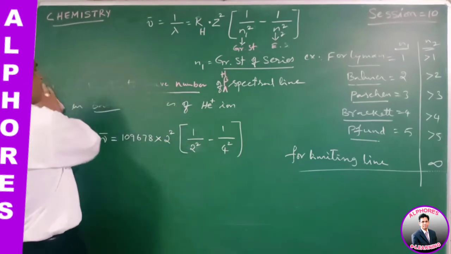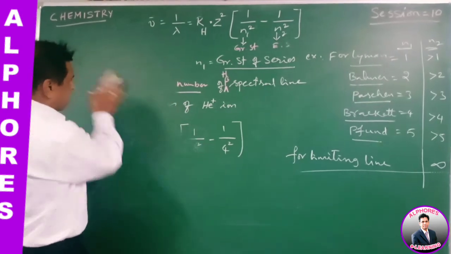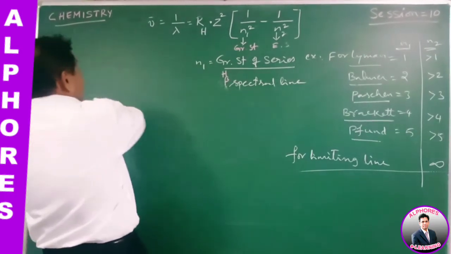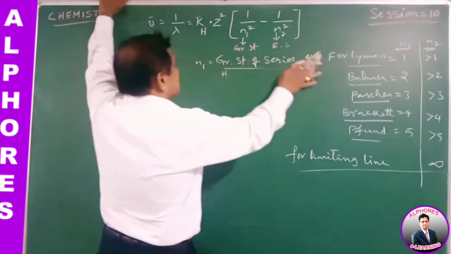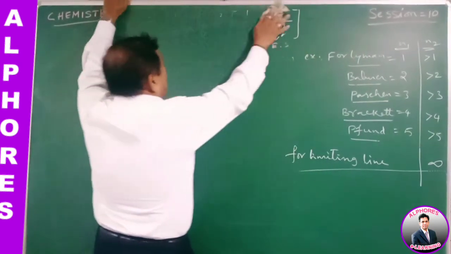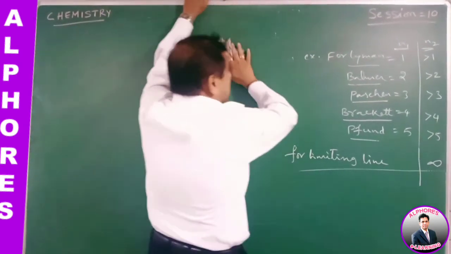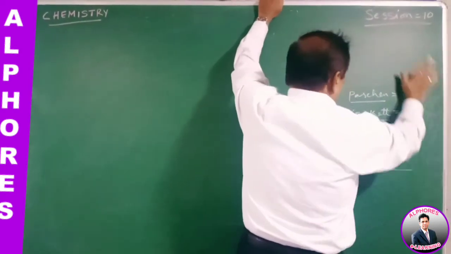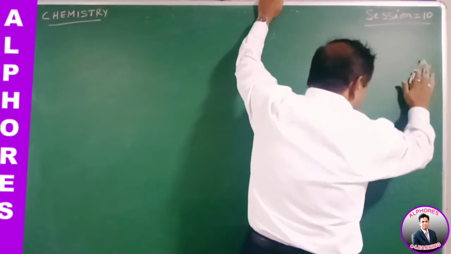Okay, comparison also we can take up. That is for higher levels, for mains examinations and other things. We can compare like the wavelength of this Balmer series in hydrogen atom is equal to, so like that we can compare.